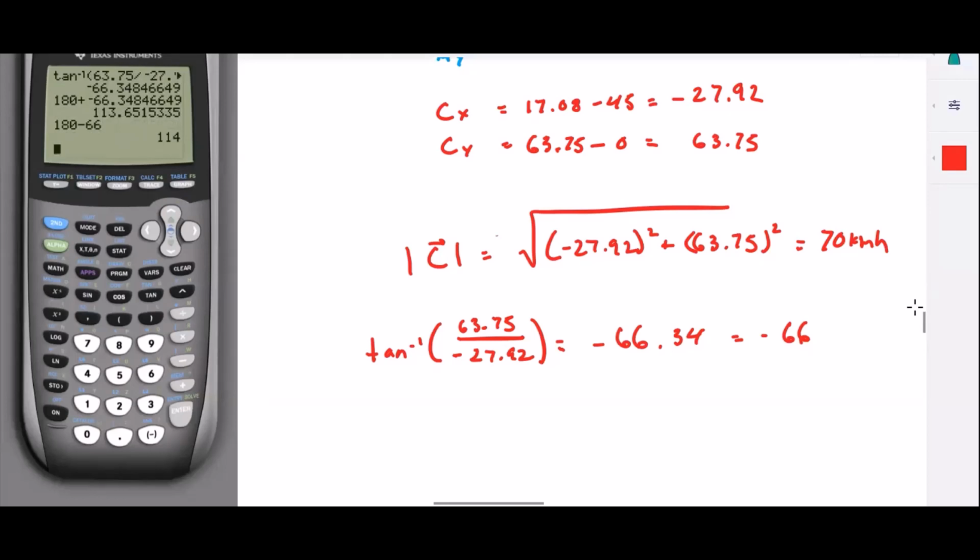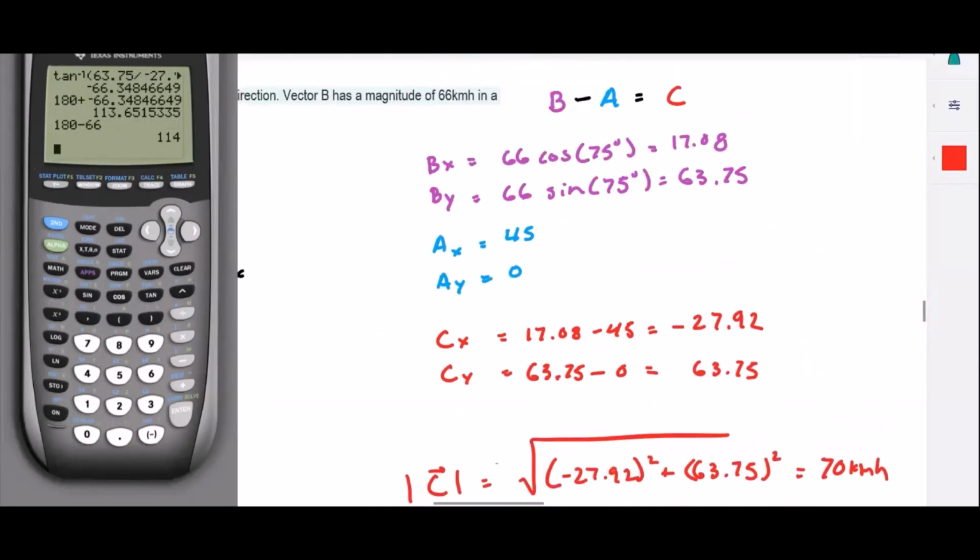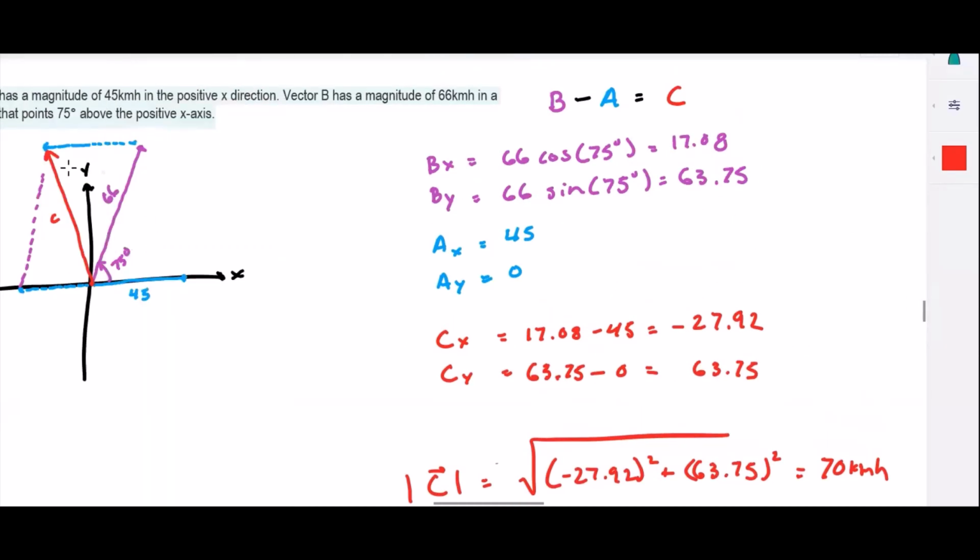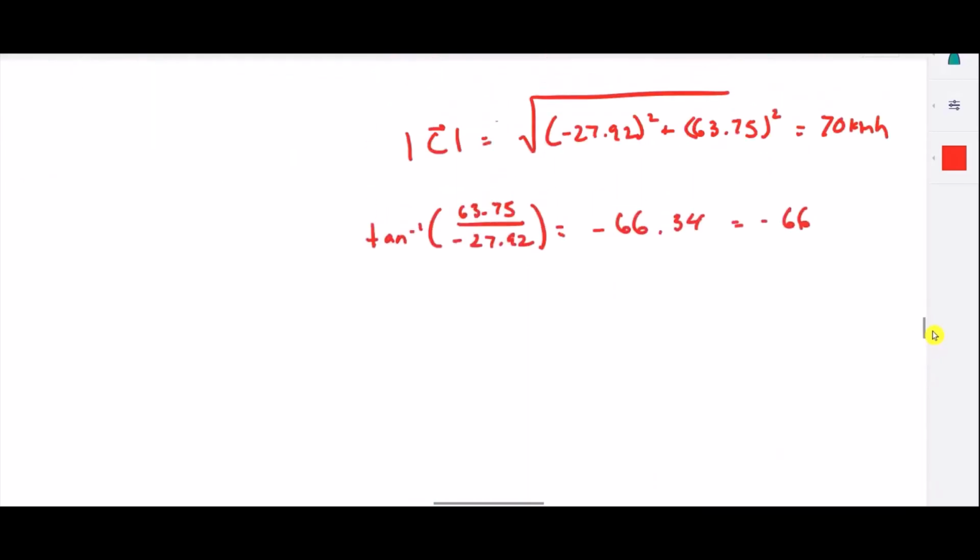So it should be at an angle of 114 degrees in standard position, and that looks about right. It's past 90, but it's definitely well away from 180. So 114 degrees sounds pretty good.